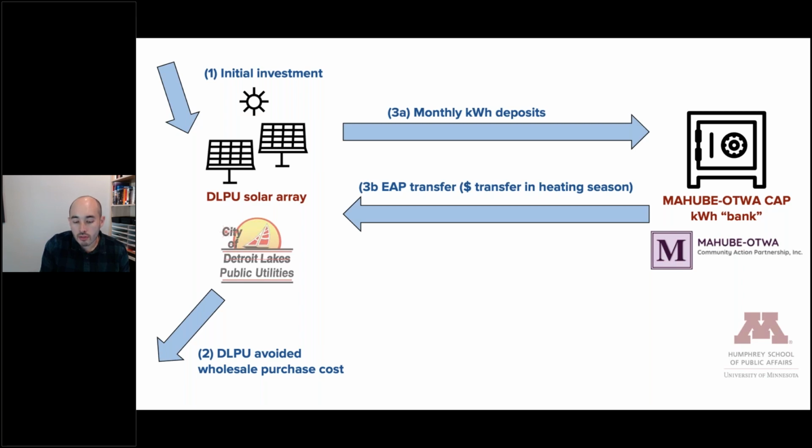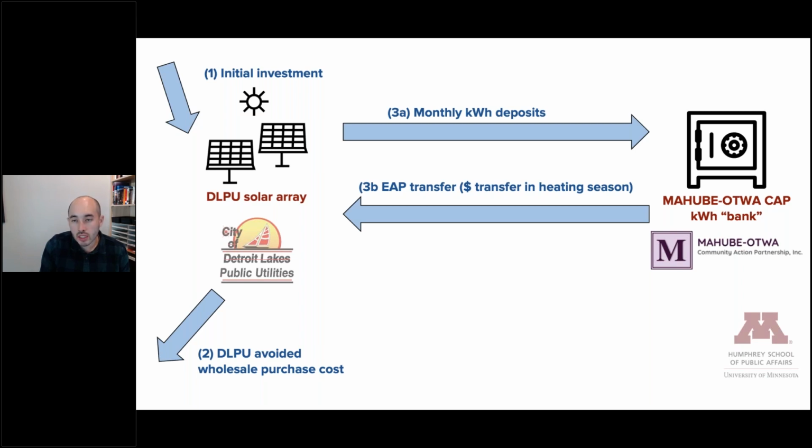And so what we have going on here is, as this solar project is generating, rather than immediately monetizing that generation, those kilowatt hours are being banked by the utility. Those kilowatt hours are going to accumulate over the course of a year until they're drawn down.